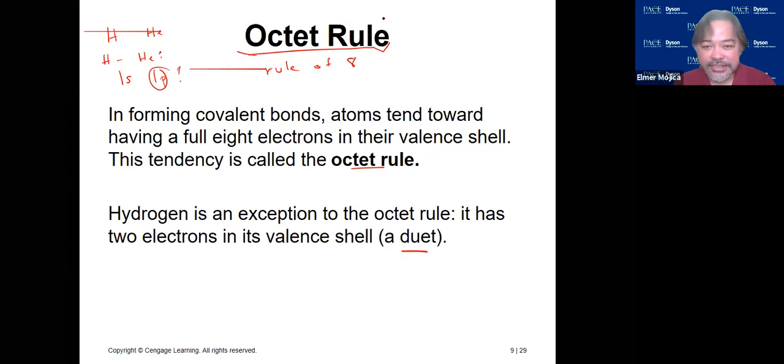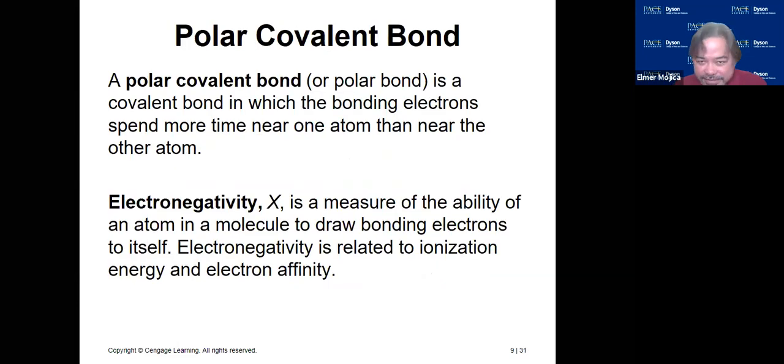Hydrogen and helium don't follow the octet rule, but they have this duet rule. Whether covalent or ionic bond, your outermost shell should have at most 8 electrons, similar to the noble gases.